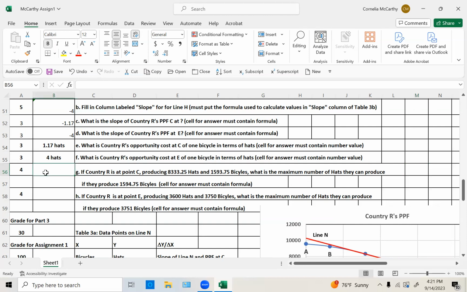It's the opportunity cost. However, the question is, what's the maximum number of hats? So it's convenient to use a formula, as it says here. We're going to do 8,333.25 hats minus 1.17 hats. So the maximum number of hats, if you increase the bicycles by 1, is going to be how many you were producing minus the opportunity cost.